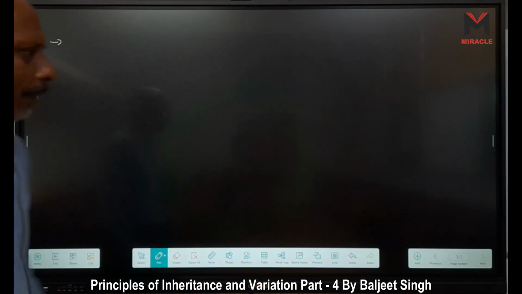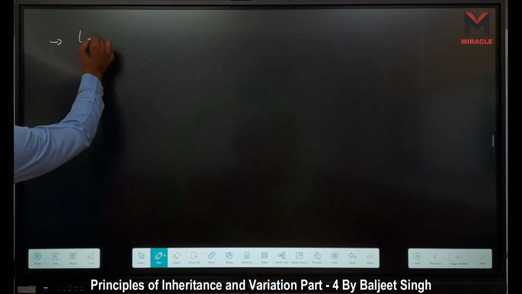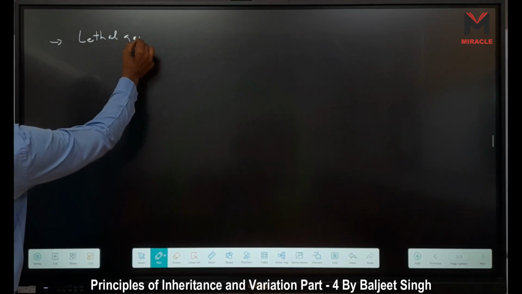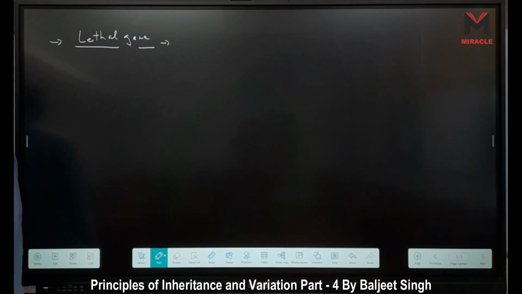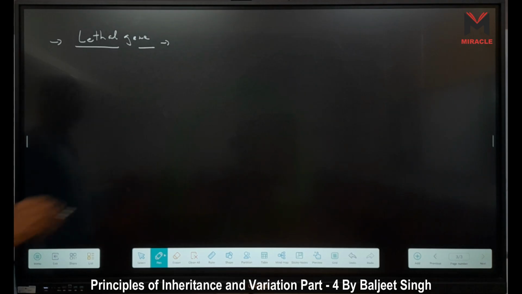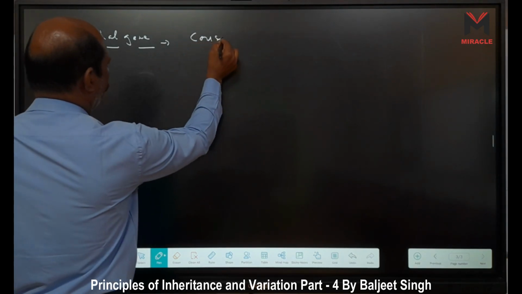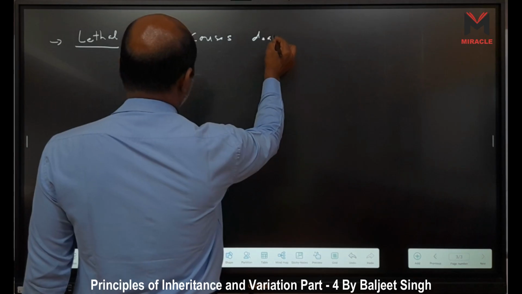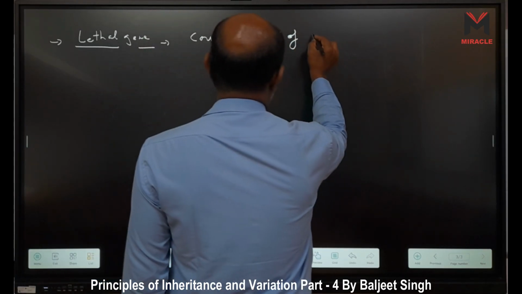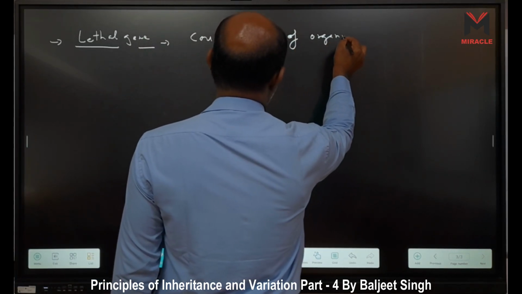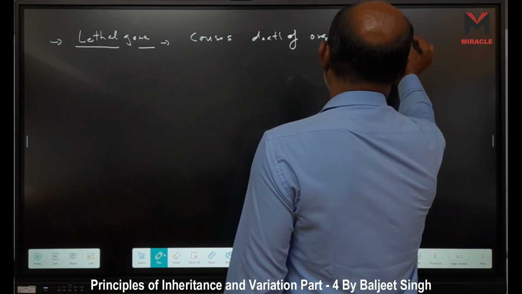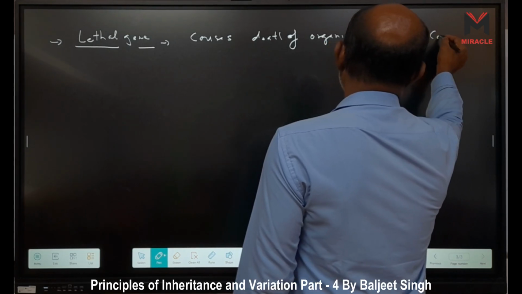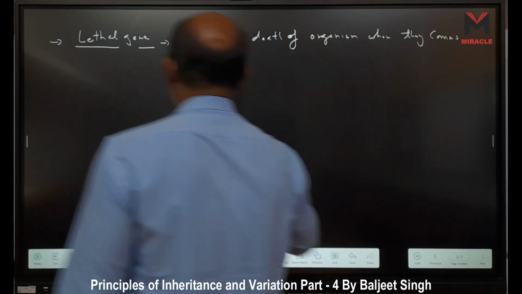And these type of genes are called lethal genes. Now the question: what is a lethal gene? Lethal genes are genes which cause death of the organism or individual when they come in homozygous condition.